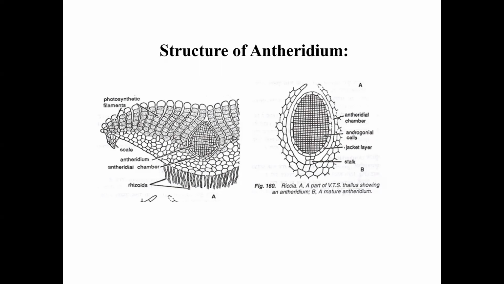The mature antheridium contains androcyte cells within the jacket layer. Each androcyte metamorphoses into an antherozoid. So this is the structure of the mature antheridium.